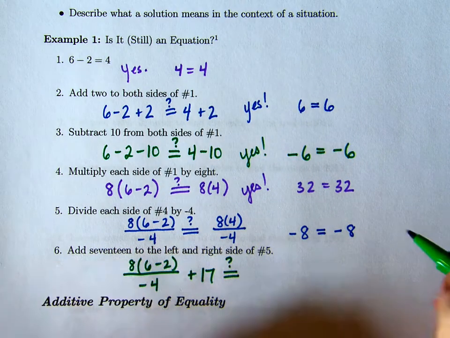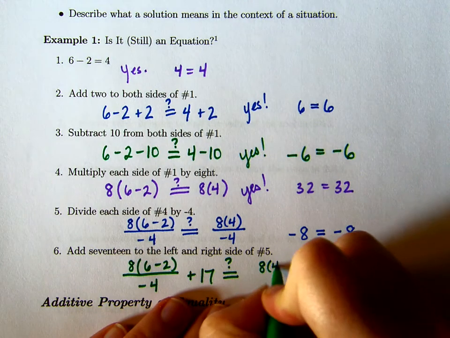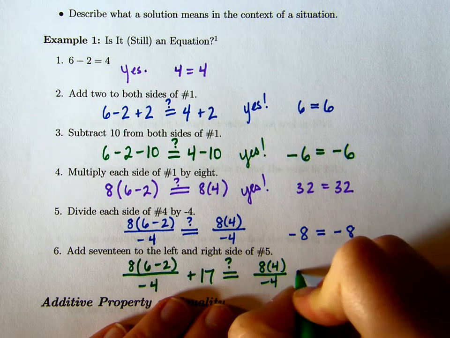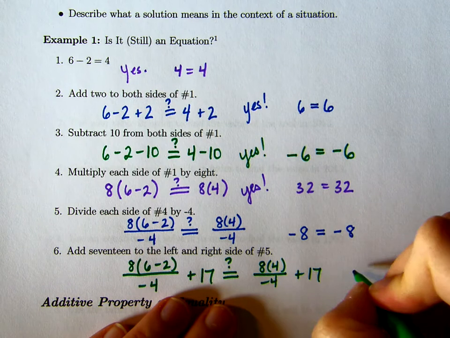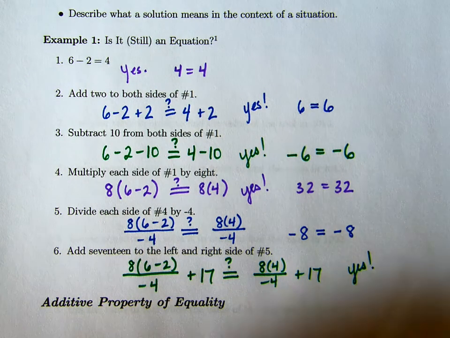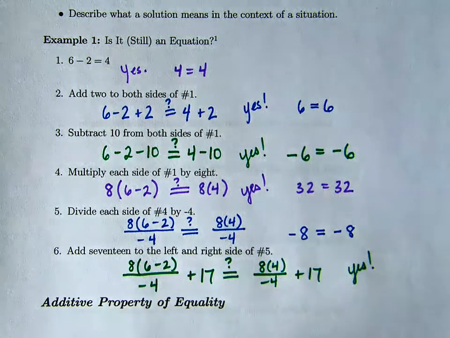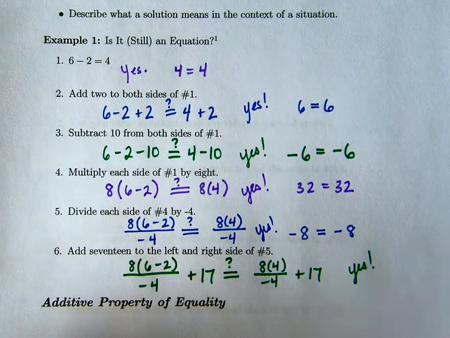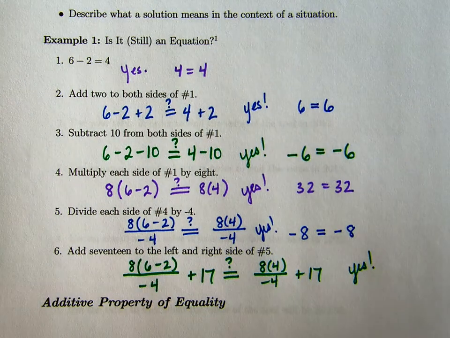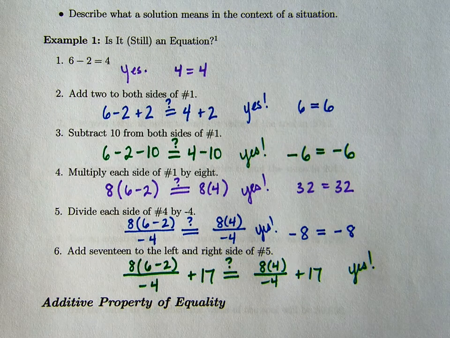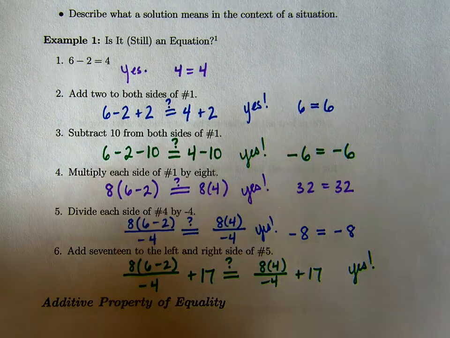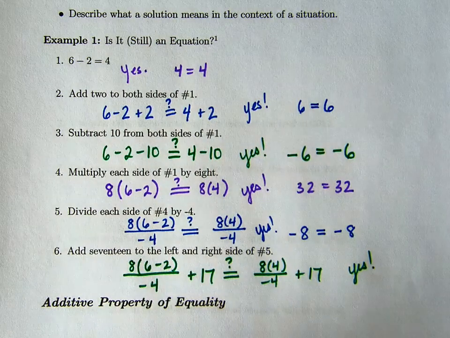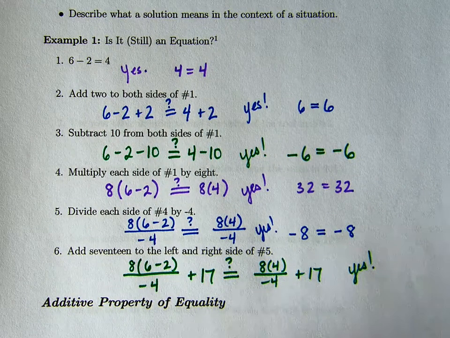Does that equal the quantity 8 times 4 divided by negative 4, plus 17? Again, I would say the answer is yes. I think I forgot to put a yes for this one. But like I said, we have to follow the order of operations. Remember, the order of operations says there are implied parentheses around numerators.